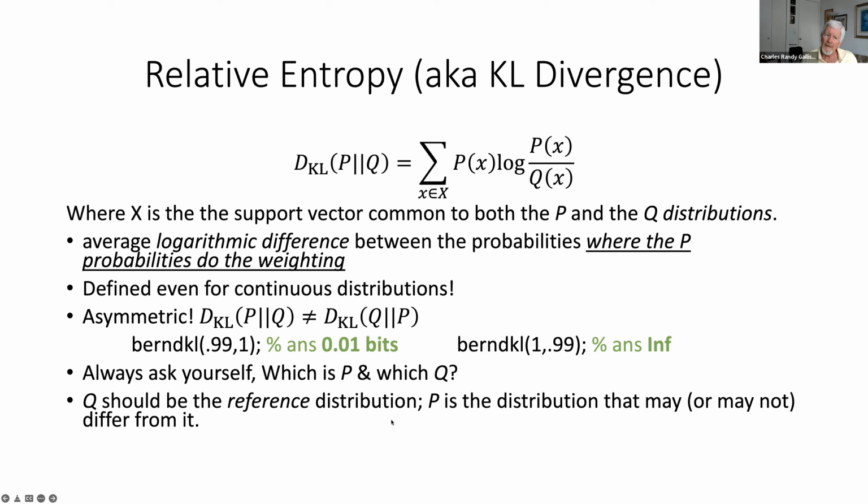And in all the work that I'll be reviewing with it, the Q distribution is always the reference distribution, and the P is a distribution that may or may not differ from the reference distribution. And I'll be referring to this reference distribution in many different ways. I'll call it the marginal distribution. I'll call it the contextual distribution when we get to associative learning, and so on.